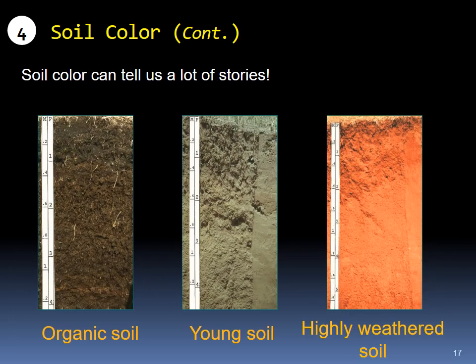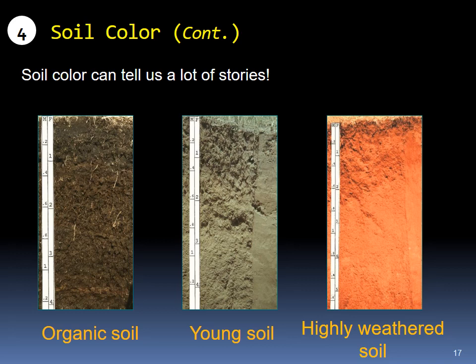It is true that from the soil color we can tell a lot of stories. So if you just look at the first profile, you would see that this profile is dark in color, it's basically black, and you would find that it's an organic soil. The second profile is a young soil profile in the floodplain, which receives frequent sediments.